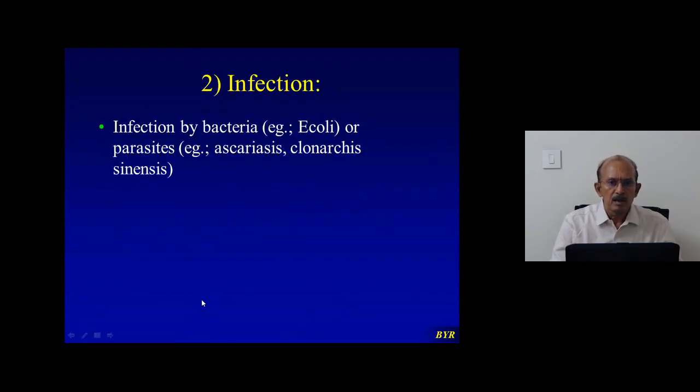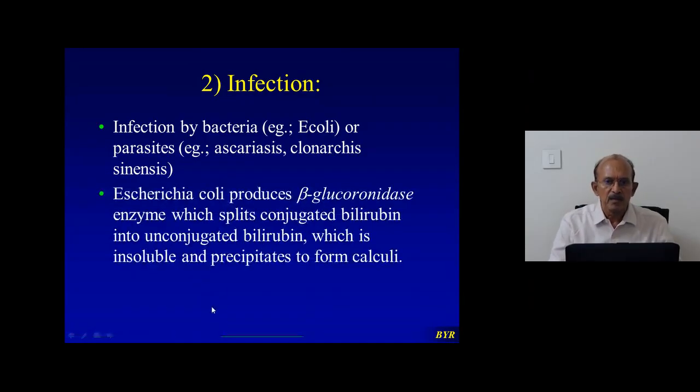Infection by bacteria like E. coli or parasites like Clonorchis sinensis. Escherichia coli produces an enzyme called beta glucuronidase. Glucuronidase, where ase means enzyme. It is an enzyme to break the glucuronide.